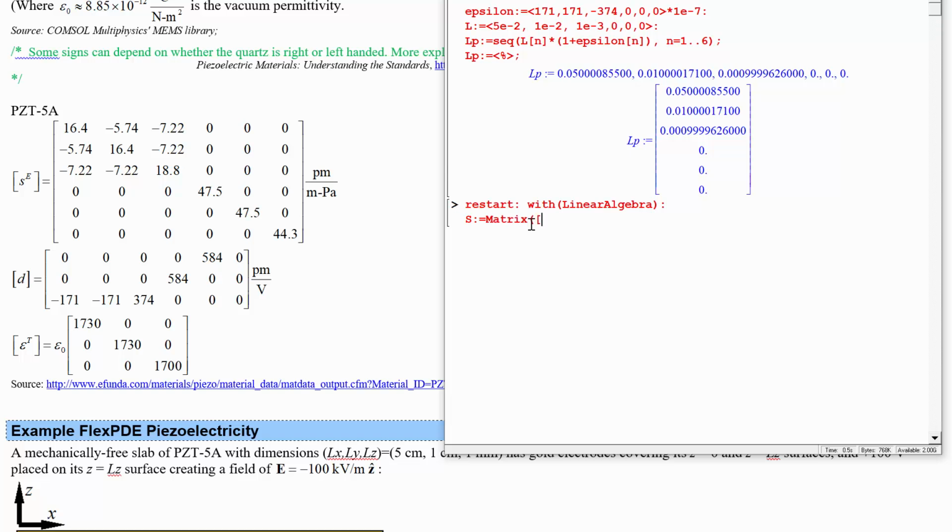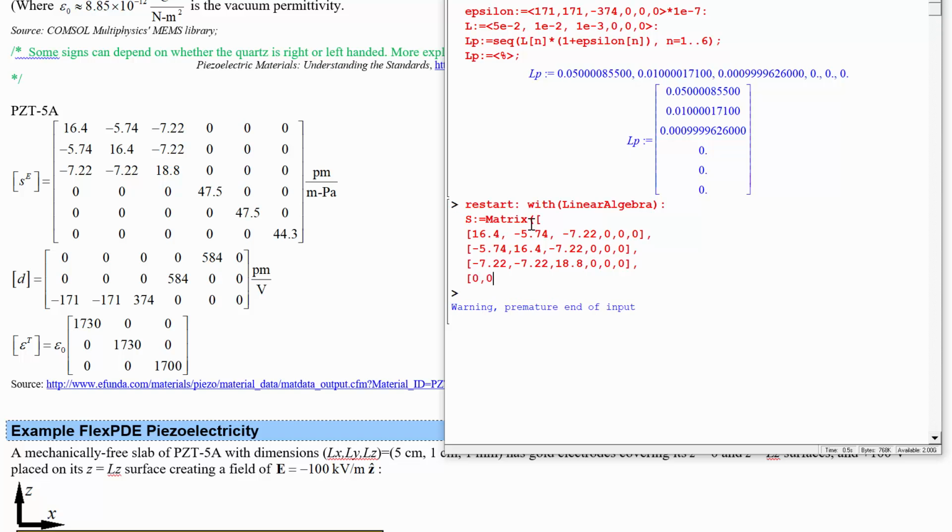S is matrix 16.4, negative 5.74, negative 7.22, 0, 0, 0. Shift enter to go to the next line. Negative 5.74, 16.4, negative 7.22, 0, 0, 0. And same thing, negative 7.22, negative 7.22, and 18.8, 0, 0, 0.